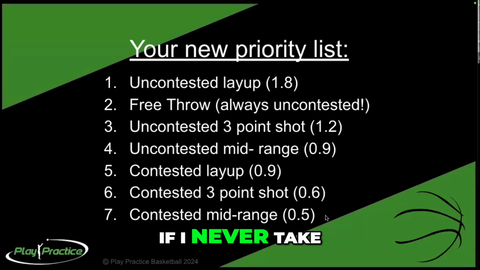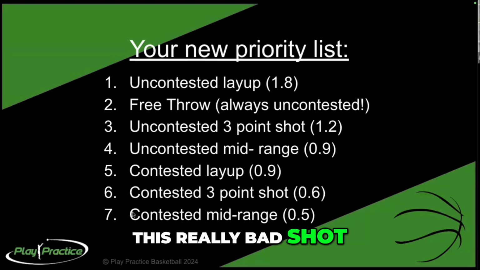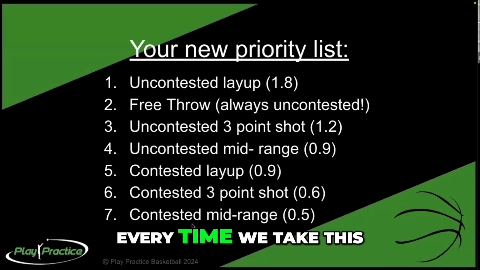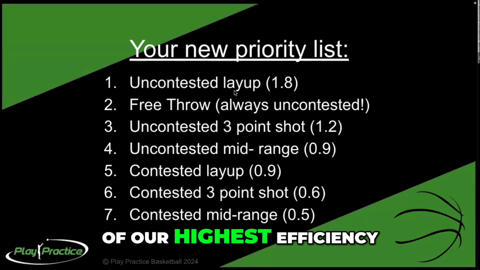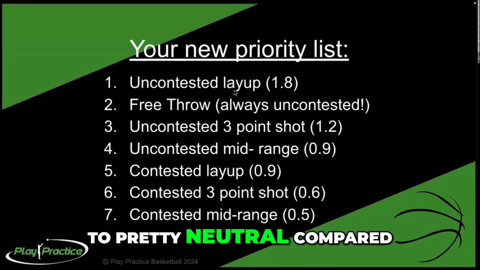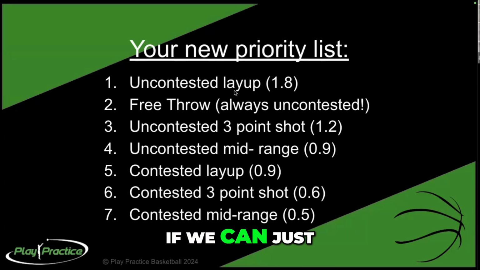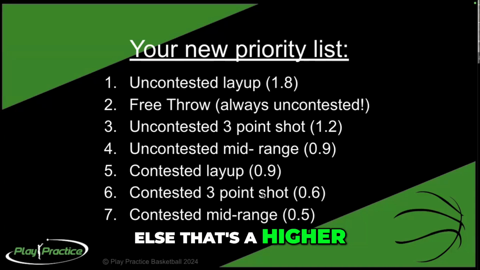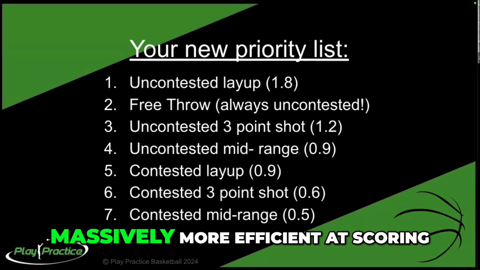If I never take this really bad shot that basically eats one of these layups that I made uncontested, and if we're averaging them, every time I take this, it kills one of our highest efficiency shots and we're back to pretty neutral compared to our opponent. If we can just not take the contested mid-range and get anything else that's a higher points per shot value, our whole team becomes massively more efficient at scoring.